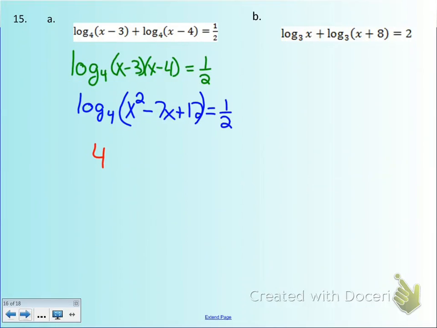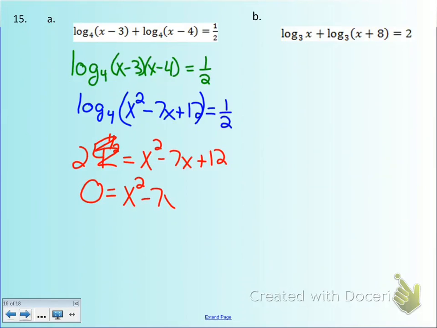So we have 4 to the 1/2 power equals x squared minus 7x plus 12. Remember, when you have a fraction as an exponent, we learned that last unit, that means it's really a root. So this means the square root of 4. The square root of 4 is 2. So I'm going to take the 2 to the other side, so we end up with 0 equals x squared minus 7x plus 10.